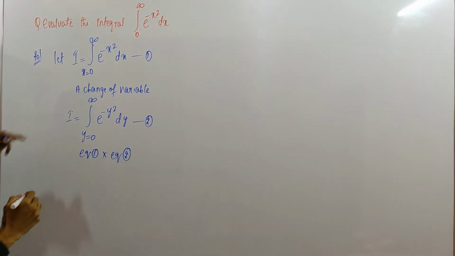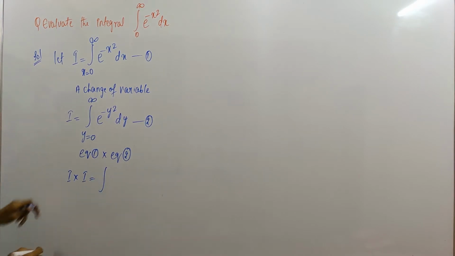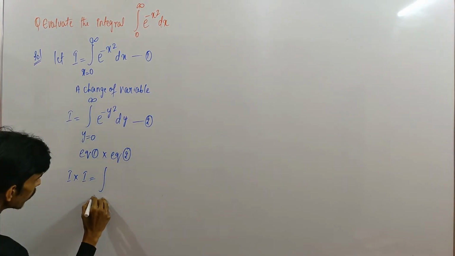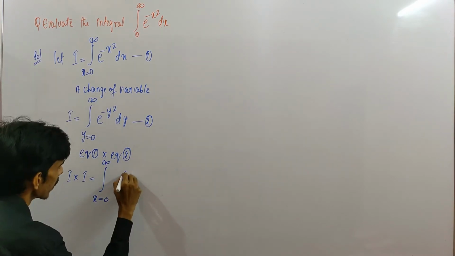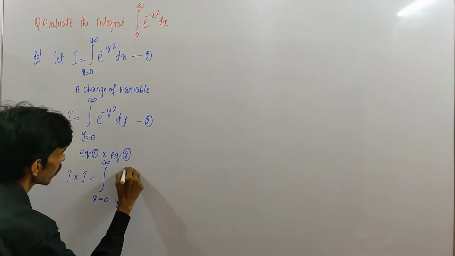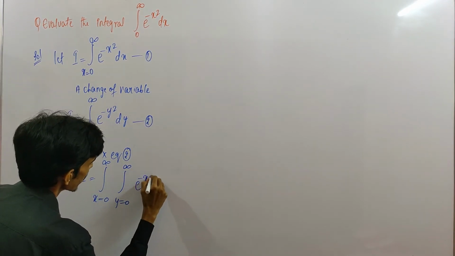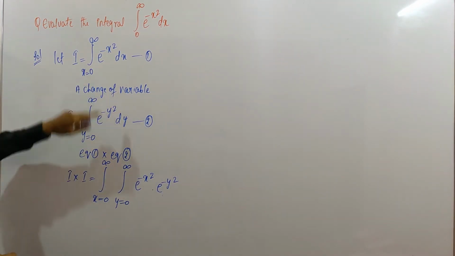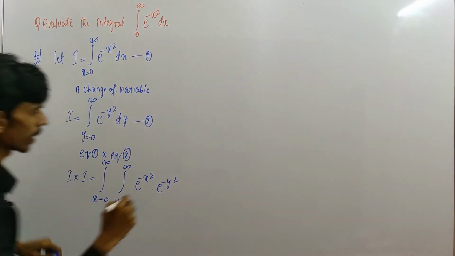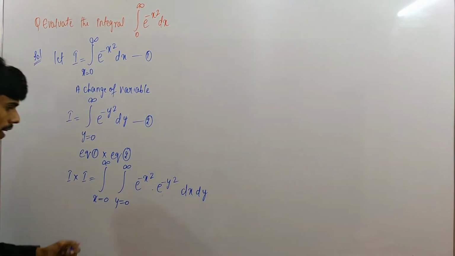So we have I into I equals integration x equal to 0 to infinity, integral y equal to 0 to infinity, e power of minus x square into e power of minus y square, into dx dy.